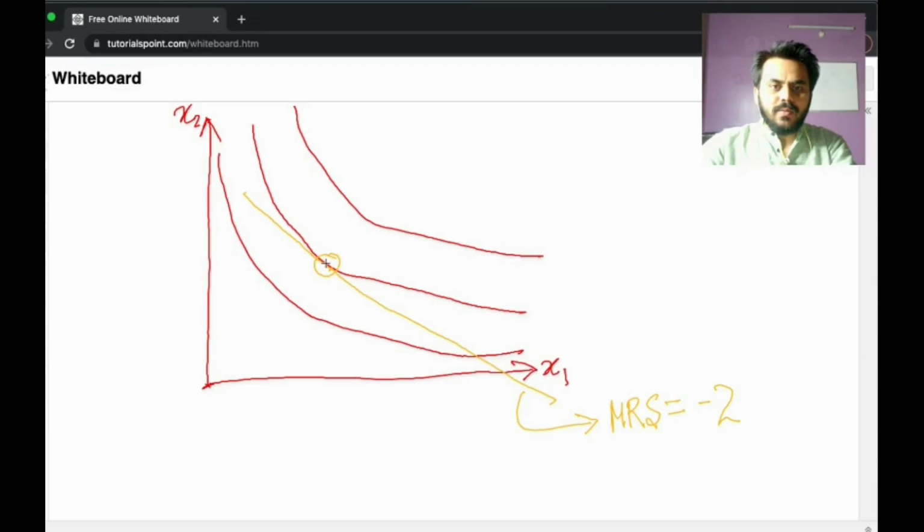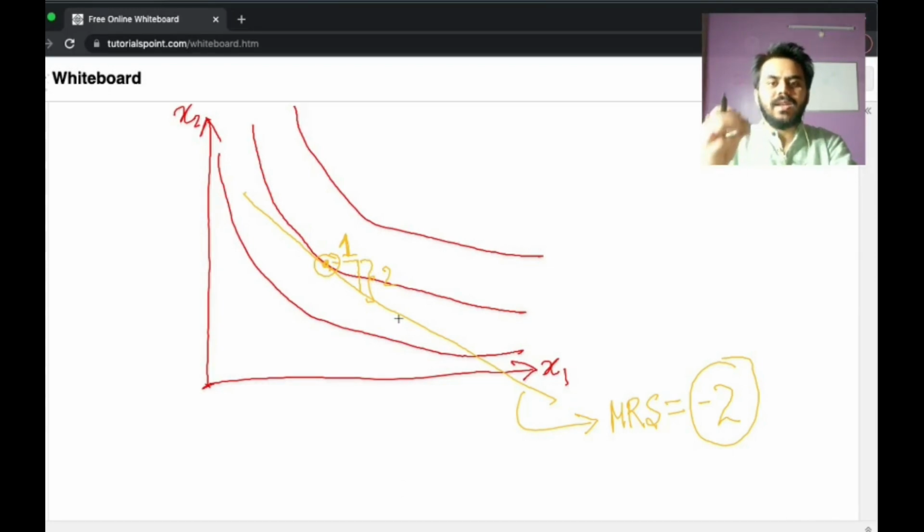If you look at this point and try to understand the meaning of the slope, if I go 1 unit forward and I have to go 2 units down, that is the meaning of minus 2. So it means that I am ready to give up 2 units of my good 2 in order to gain 1 unit of good 1 at this very point.